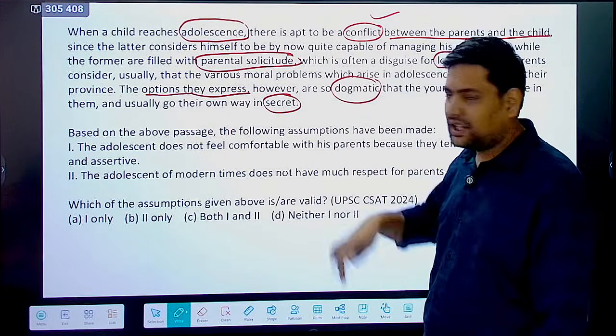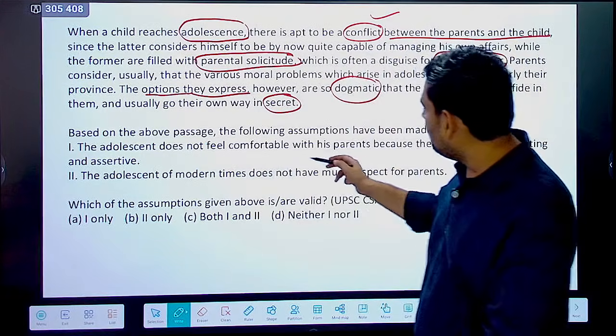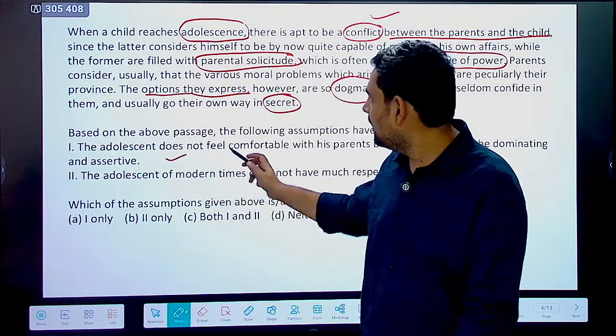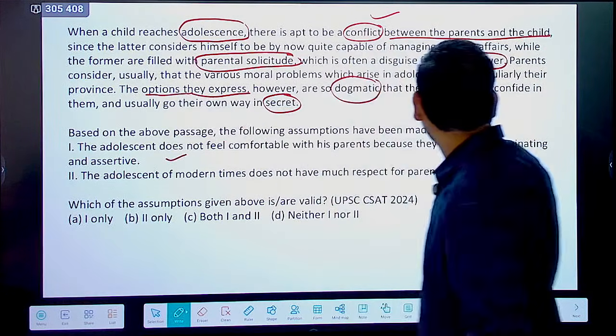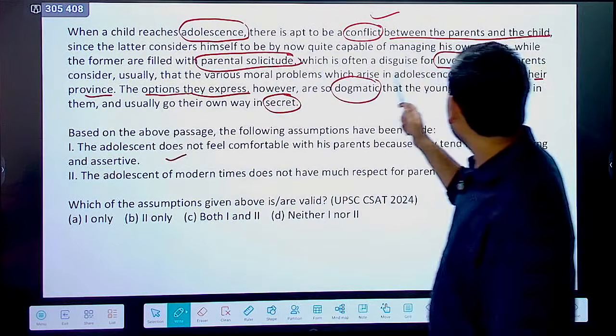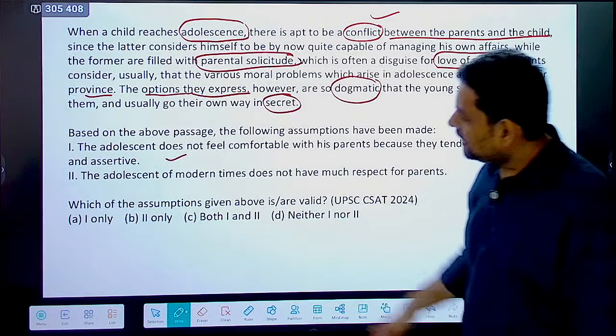Why? Because parents take over control over them. So the adolescent does not feel comfortable with his parents because they tend to be dominating and assertive. Correct? As you can see here, it is talking about that. They consider, this is an example of love of power. So all this is saying this.